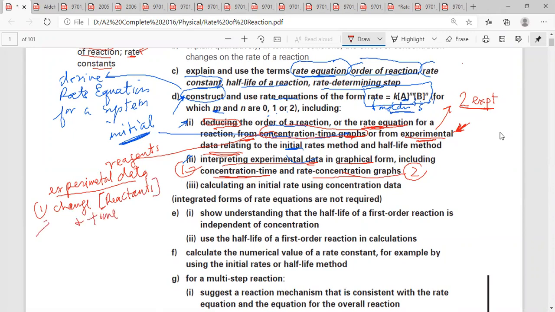From this, of course, you can get change of products concentration, but mainly it's change of reactants concentration. From the raw values here, you plot a graph.